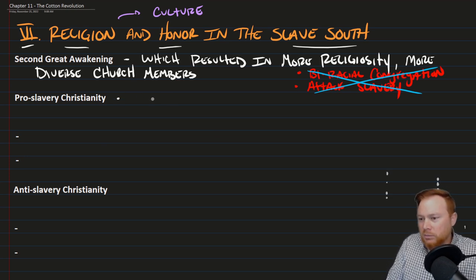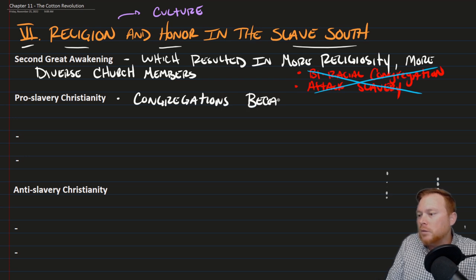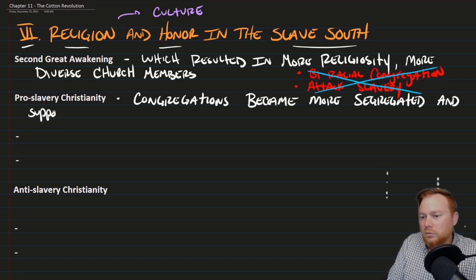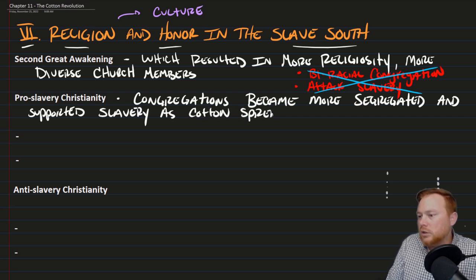So we might make that point that congregations became more segregated and supported slavery as cotton spread.